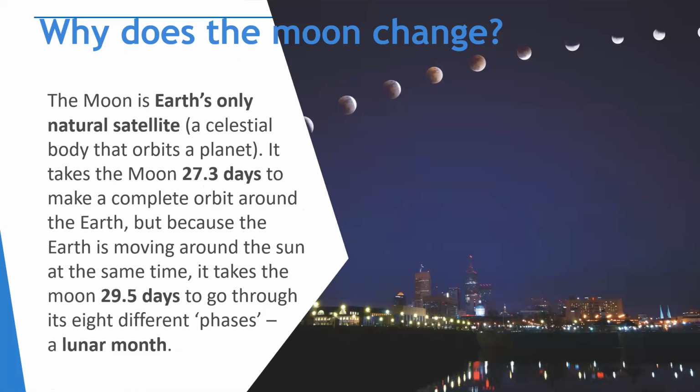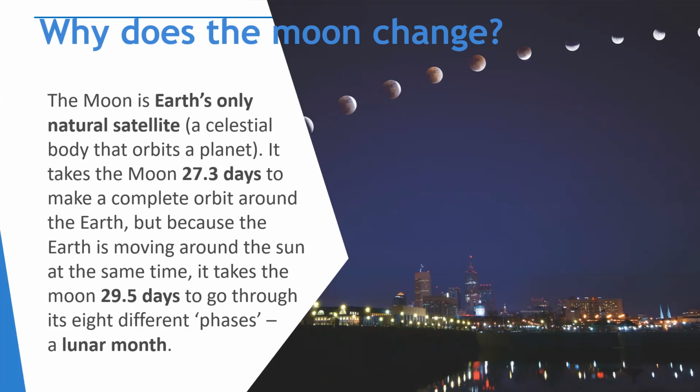So why does the moon change? The moon is Earth's only natural satellite, a celestial body that orbits a planet. It takes the moon about 27.3 days to make a complete orbit around the Earth. But because the Earth is also moving around the sun at the same time, it takes the moon 29.5 days to go through its 8 different phases.